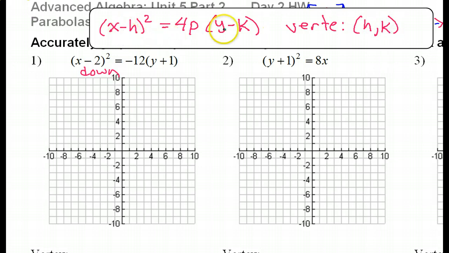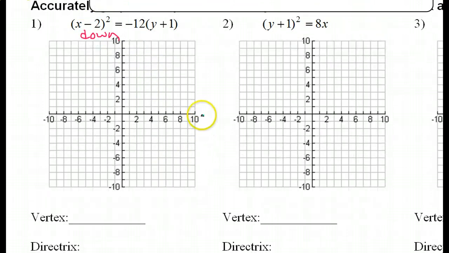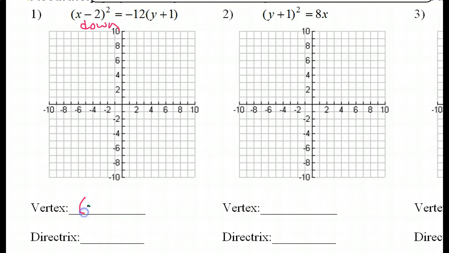So it'll just be the opposite of these two numbers. We figured out that it's down, so our next move is to find the vertex. The vertex is the opposite of the x number and the y number, so the vertex will be 2 comma -1.